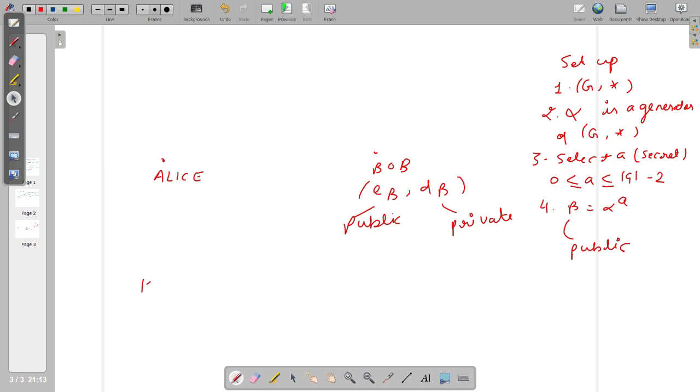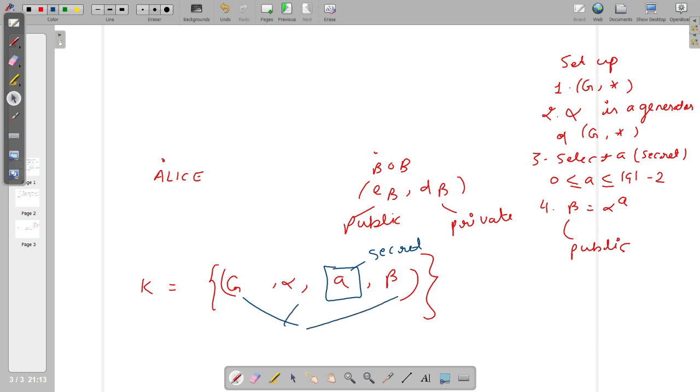So the key set K is equal to G, alpha, A and beta. Out of this key space, only A is secret. This A is the secret key or private key. The rest, G, alpha and beta, are all public.